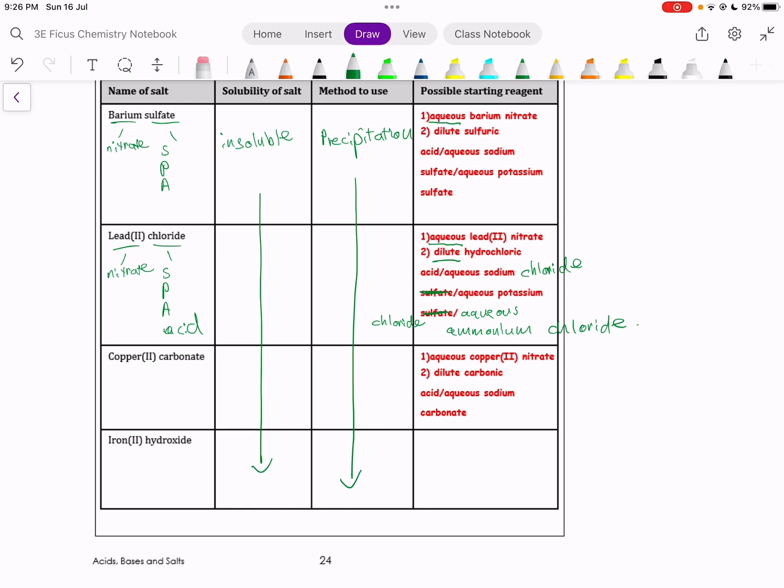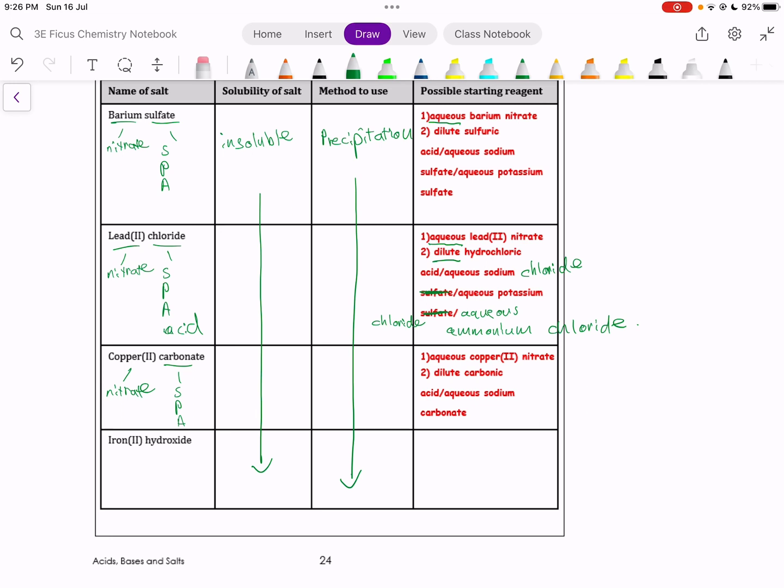Next one we have copper(II) carbonate. The carbonate can go with a sodium salt or actually an acid, carbonic acid. Then copper(II) can go with nitrate of course. You could also use copper(II) sulfate as long as it's a solution. What I'm proposing here is a foolproof way.